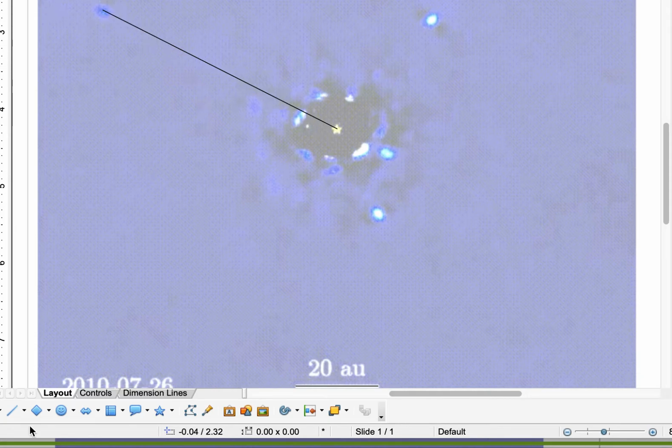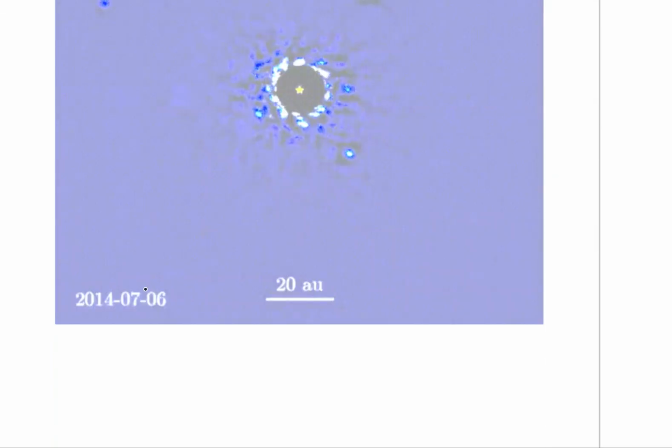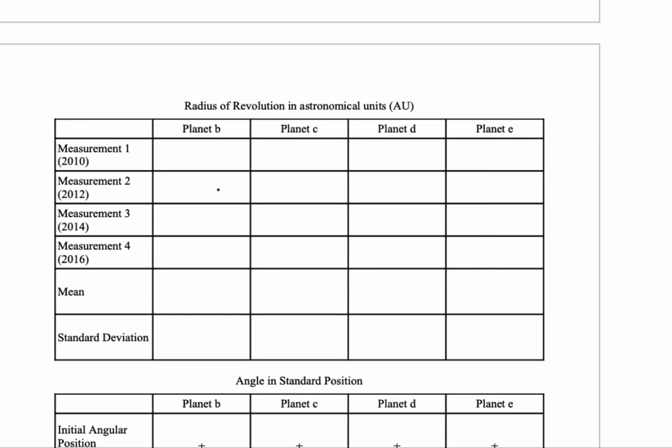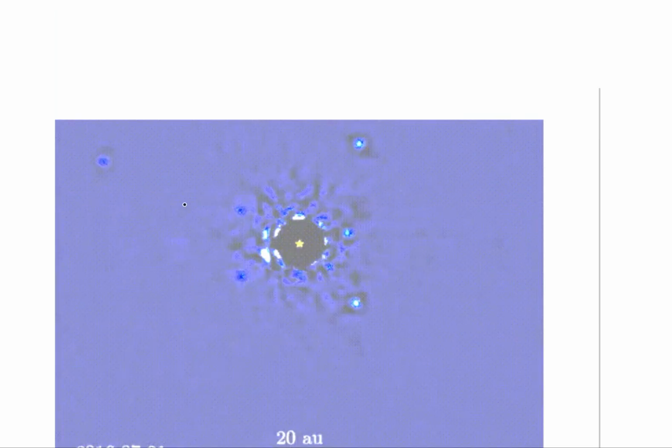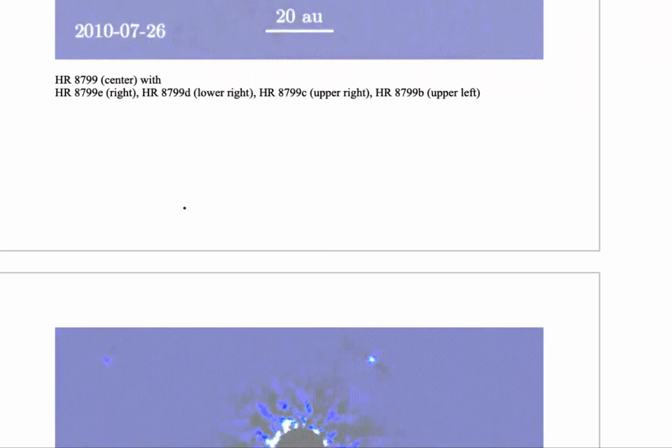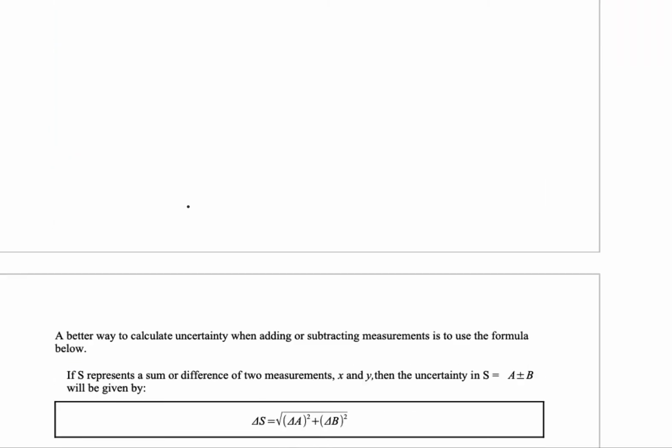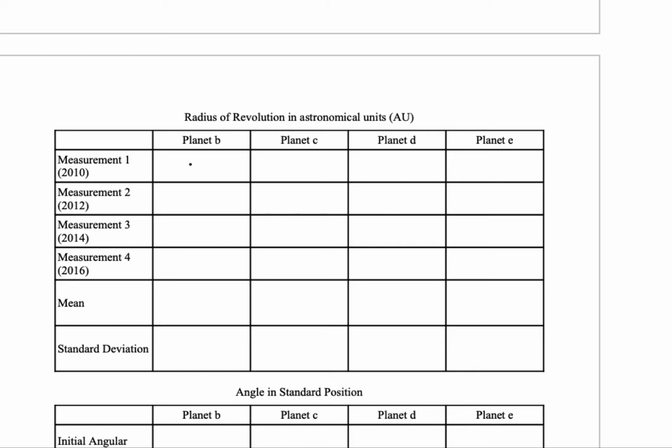So you'd want to copy that to your data table. Alright, so planet B, the one that I was doing, was 2010. Then we don't have to do the plus or minus on each individual measurement. You could just say 64 AU for this time.